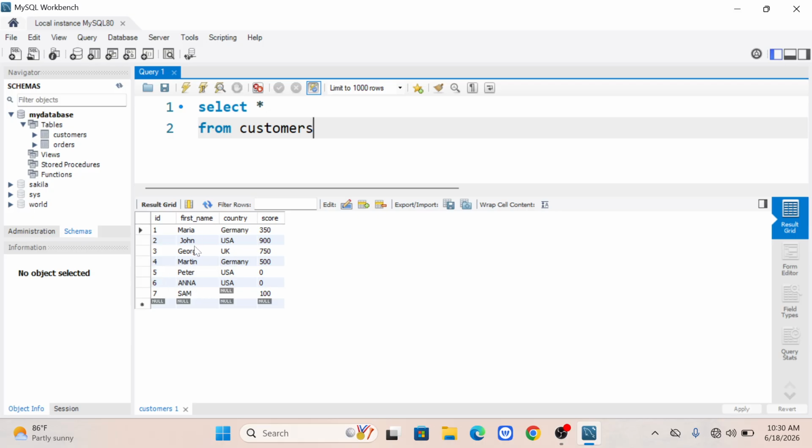If you look at this very well, you will see that Maria contains R, John doesn't, George does, Martin does, Peter does, then Anna and Sam don't. So it means that we are looking for four names here: Maria, George, Martin and Peter.